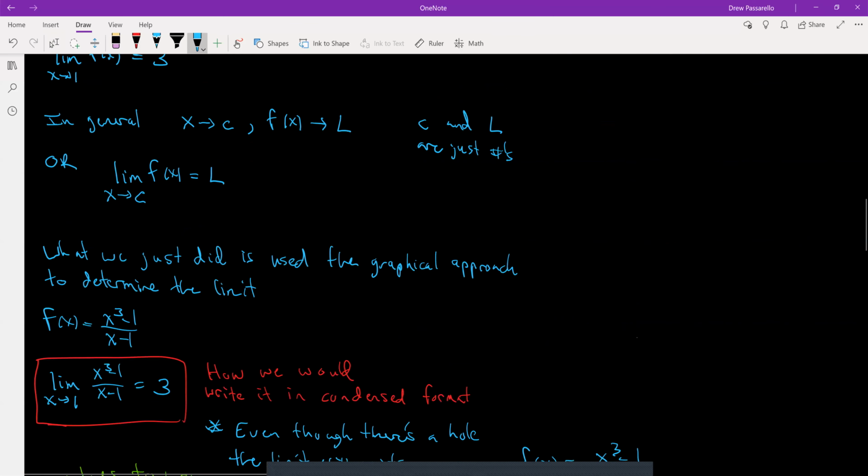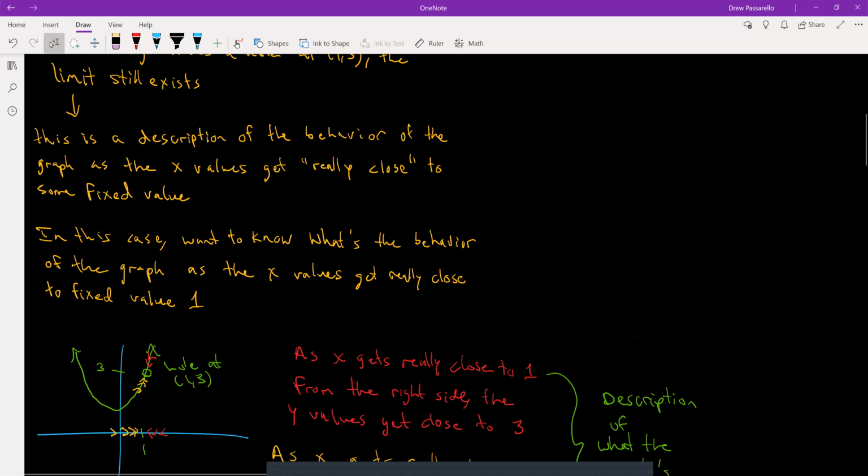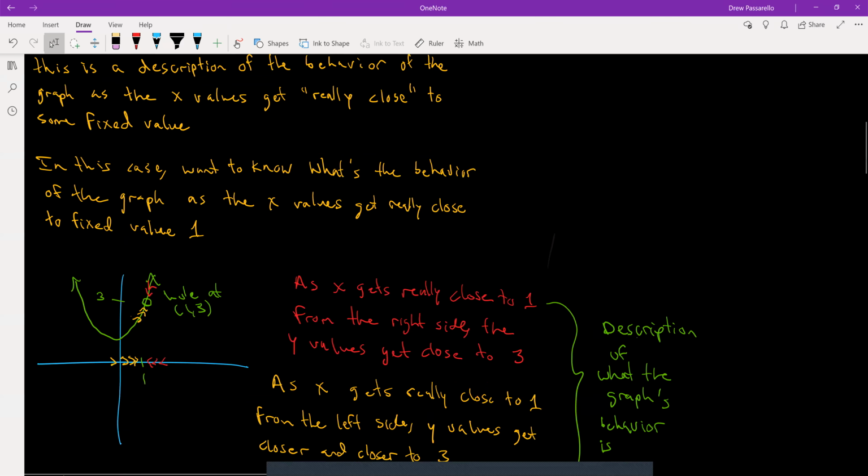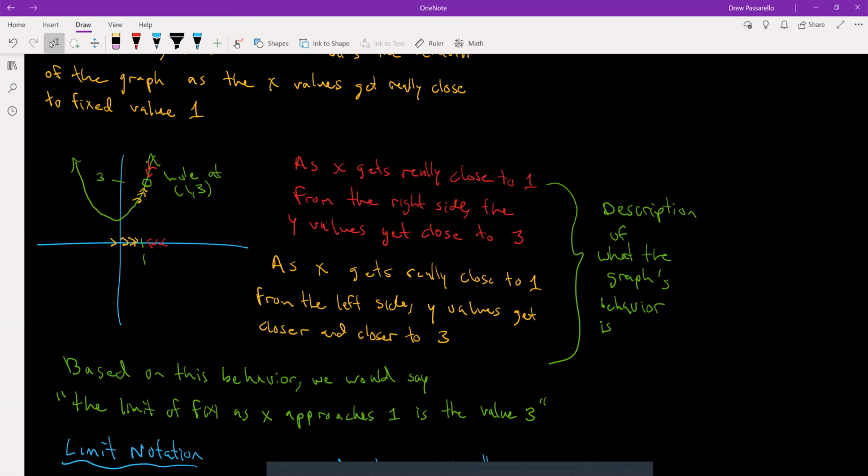Just to recap, a limit tells you the behavior description of the graph as the x values get really close to some fixed value. In this case, the fixed value is 1. The behavior of the graph was that the y coordinates were getting closer and closer to that hole, and that hole has a y coordinate of 3.